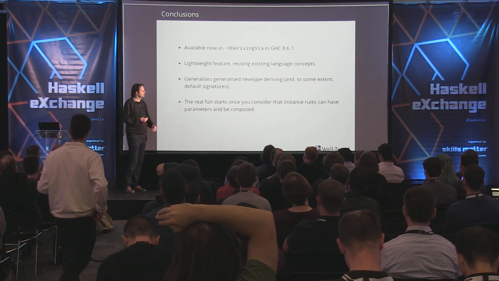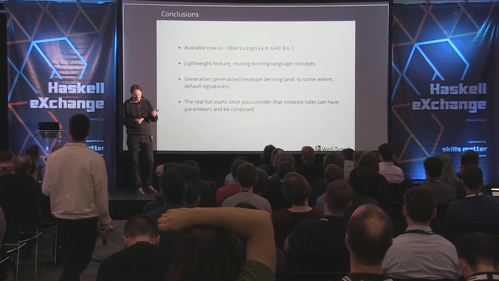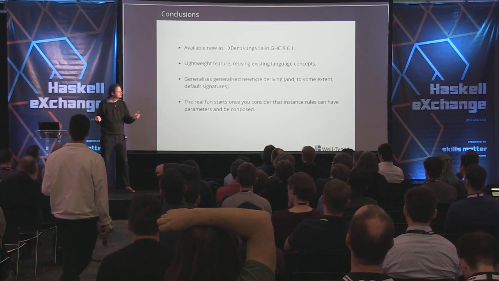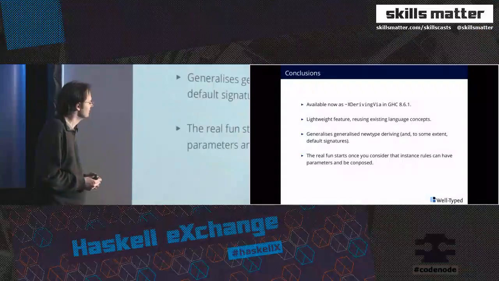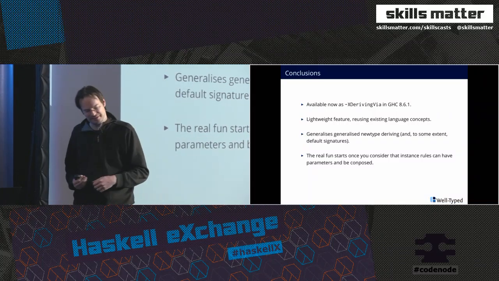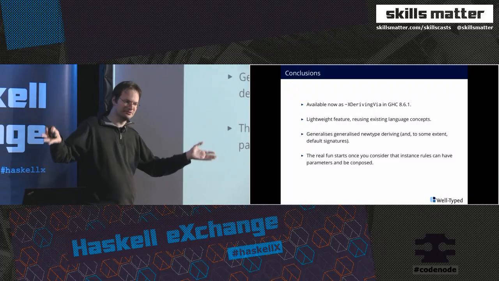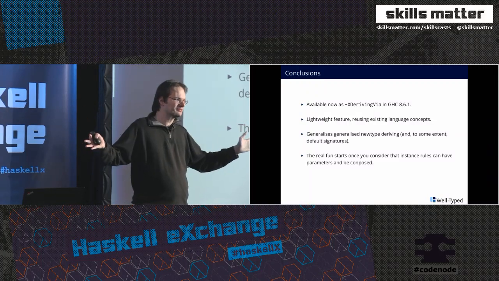And then the other important realization is really that DerivingVia is already nice to have for the simple cases, but the real fun starts once you actually consider that you can splice in extra information, you can parameterize your rules, you can chain rules, you can compose multiple newtypes together.